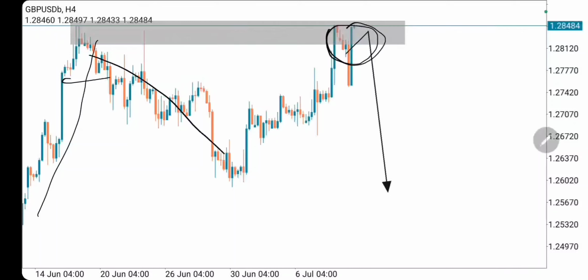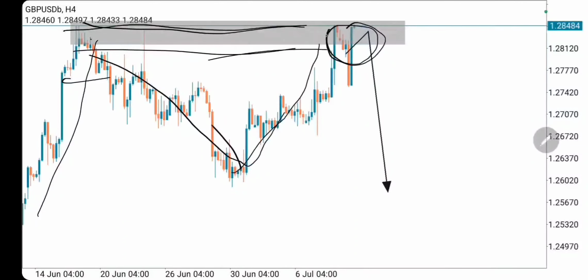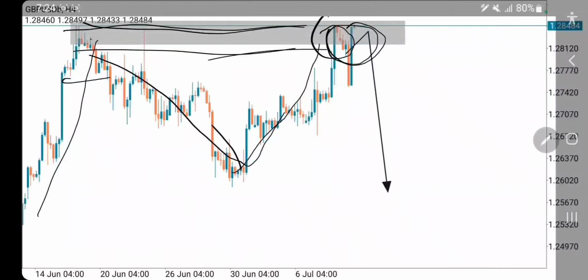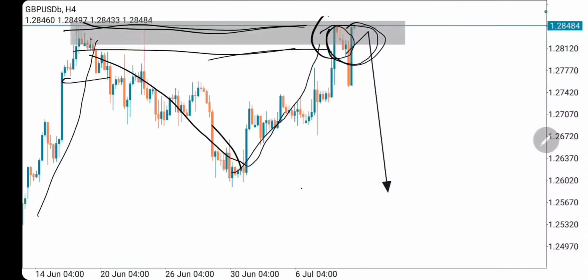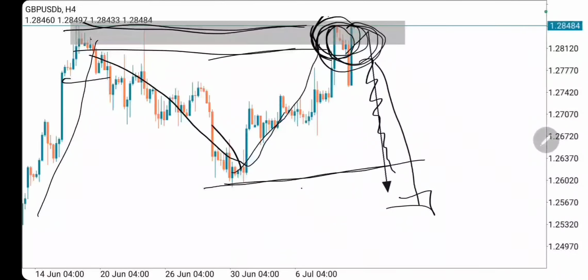The market has retraced back and come to this supply zone. I'm still waiting for confirmation, and when I get it, I'm going to get into this trade. We are expecting the market to sell down to this point, at least.